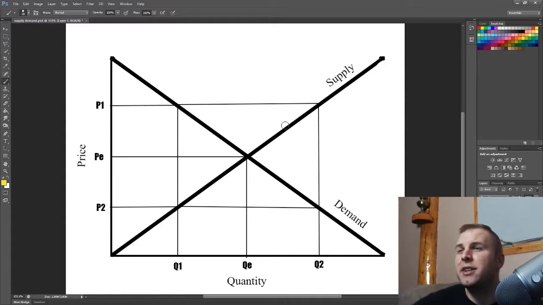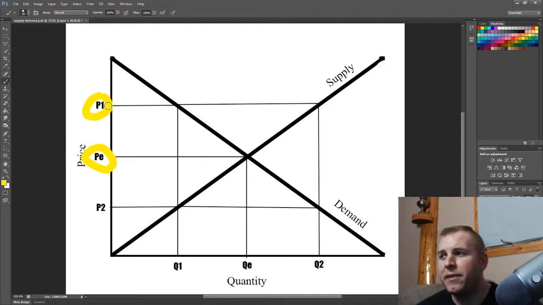Supply, on the other hand, is what happens when you're a seller. You're Walmart, and you figure out that you could sell more Doritos at $5 a bag. It starts at $2, but would you rather have $2.50 a bag, or would you rather have $5 a bag? As the price goes up, you want to sell more.